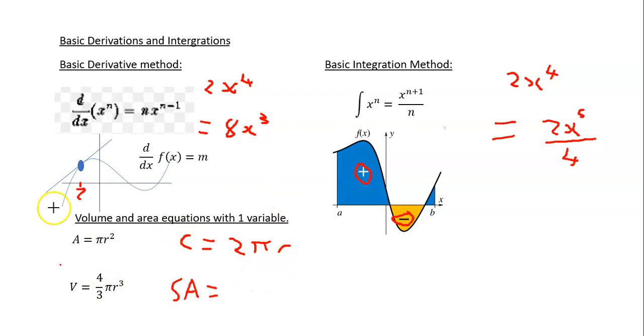So we have 4 over 3 pi r to the 3. Now we just derive it again. So we have 3 as the exponent, and we have 4 over 3 there. We go 3 times 4 over 3, which gives us 4. And then we have pi, because pi is a constant, and then we subtract 1 from the exponent to get 4 pi r squared.